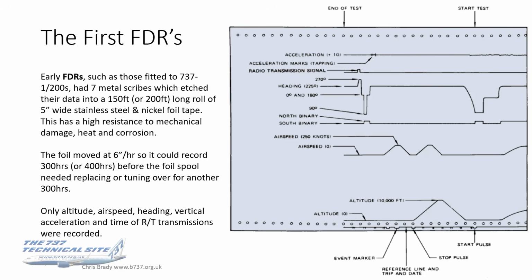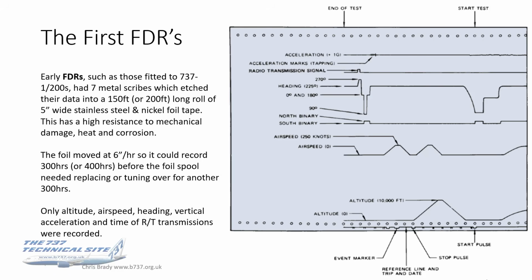So looking at the media for the first FDRs, this is a bit I can show you here, and this is again from the originals, the 737-100 and 200s, and you probably find it surprising to see how little information they recorded. There were just 7 metal scribes, and they etched the data into either 150 foot or 200 foot long rolls of 5-inch wide stainless steel and nickel foil tape.